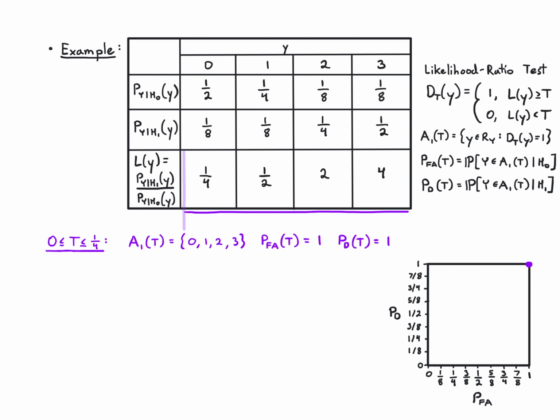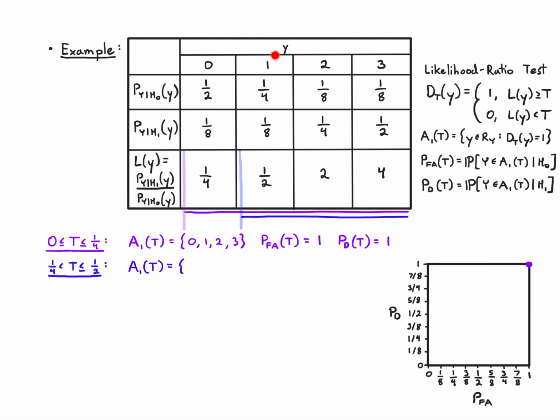It starts out with this purple point on the right. Now I'm going to look at the threshold values that fall between a fourth and a half. And I'm going to see that that's basically everything except this likelihood ratio of a fourth. So now my threshold is strictly larger than a fourth. So I'm only capturing the 3 values on the right. So this decision region is going to have 1, 2, and 3 in it.